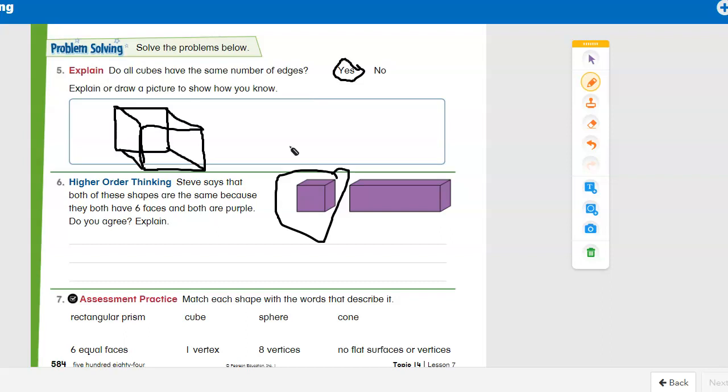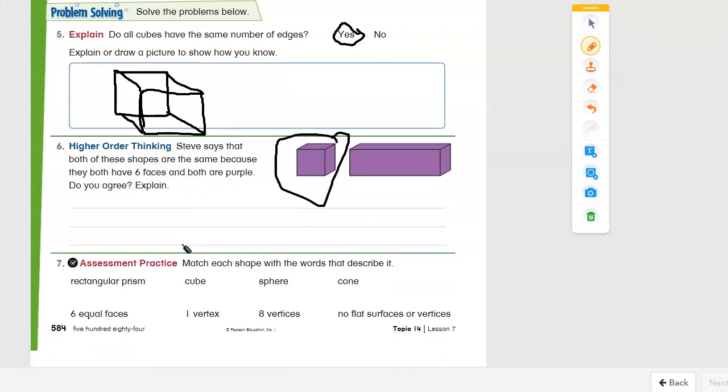What kind of shapes are shown beside the question? Look at those shapes. Are those both the same kind of shape? Yes, they are both purple, and yes, they may have 6 faces, but are they the same shape? Yes or no? So in the lines, I want you to write yes or no, and then can you tell me why you say that for your answer?